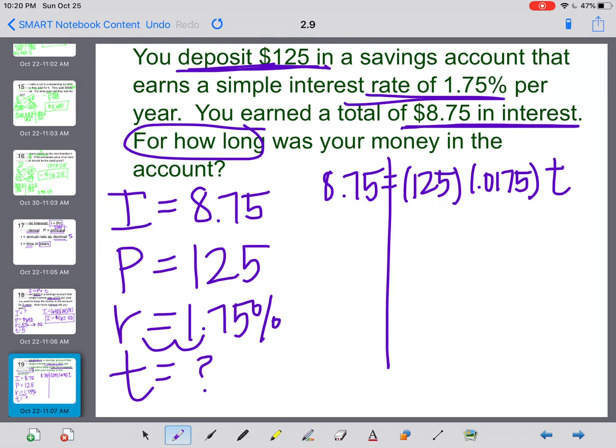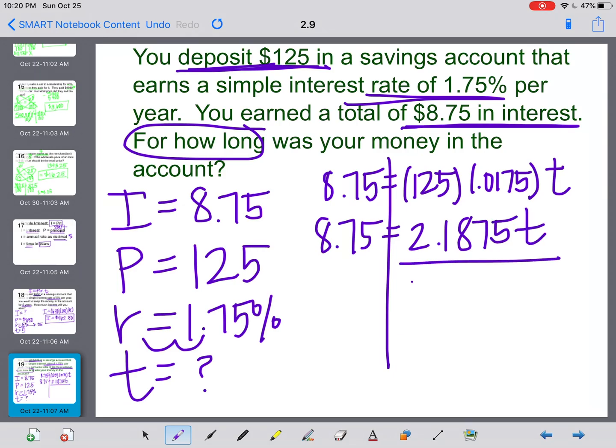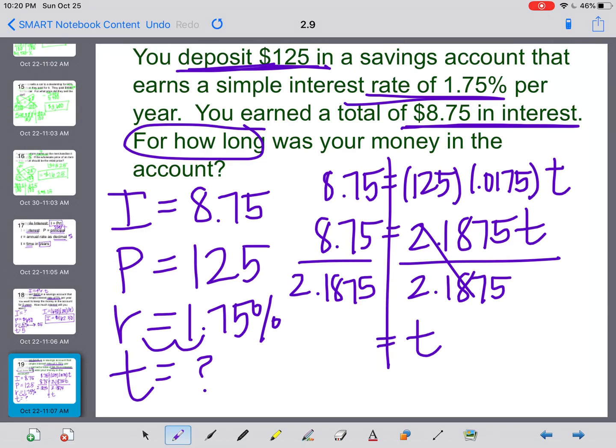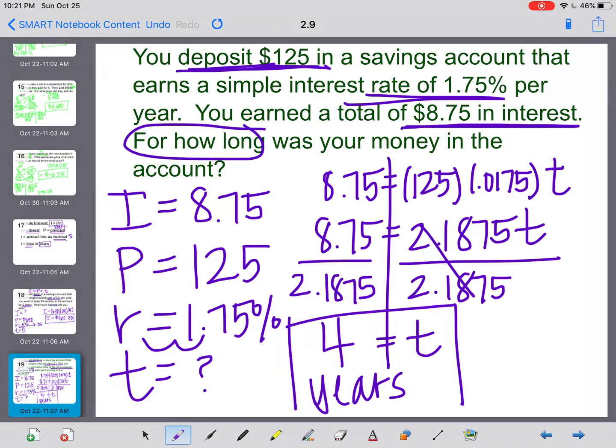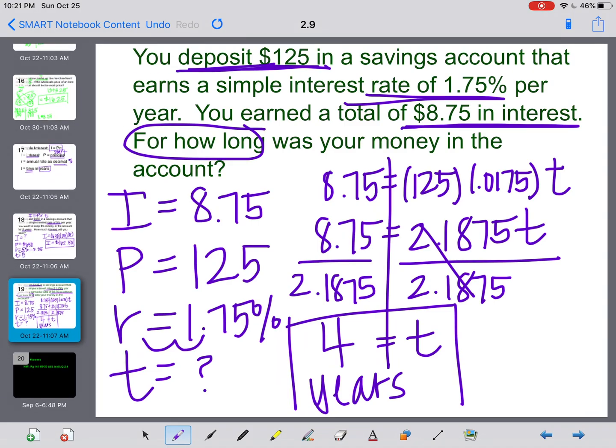Okay, when I multiply 125 times our rate, 125 times 0.0175, that gives me 2.1875 all times T, which means to get T alone, I have to divide by that. And I found out that my time is equal to 4, and it always has to be in years, so this is 4 years.